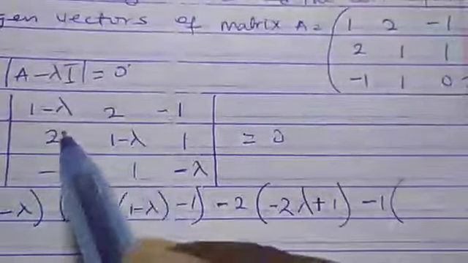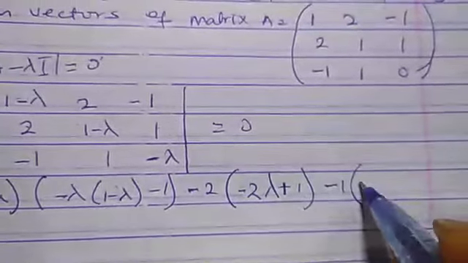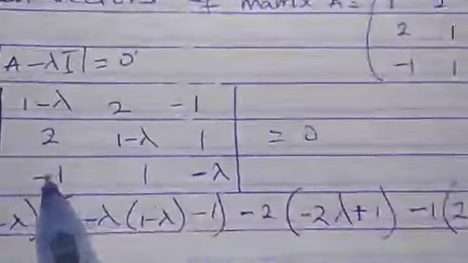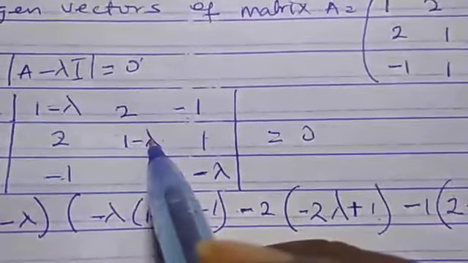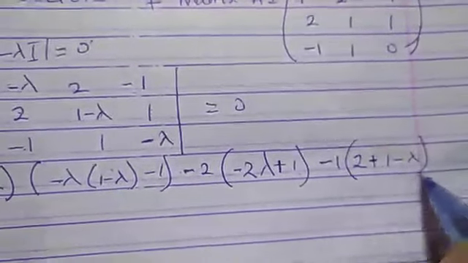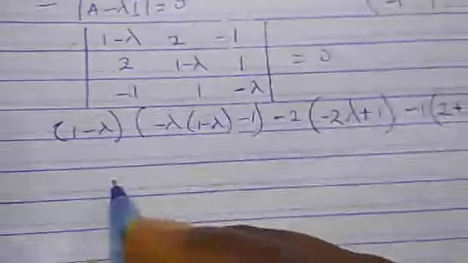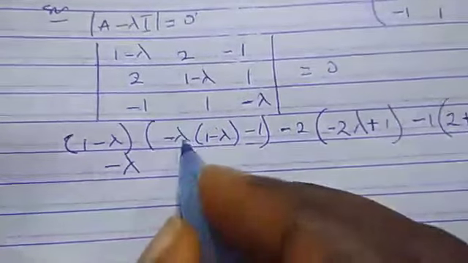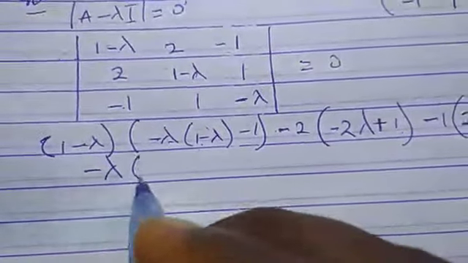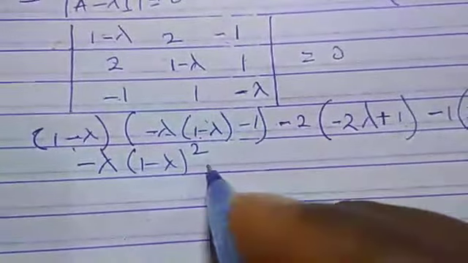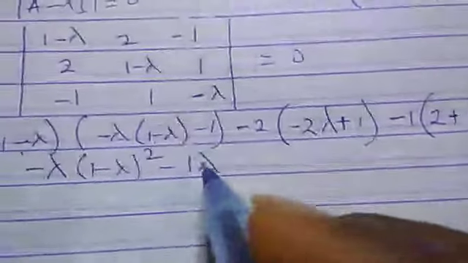This cancels this. What we have left is this times this, which is 2, minus 1 times lambda. 1 minus lambda is minus this, so it will make this place to be plus 1 minus lambda. In this case, you don't quickly jump to conclusions. We can expand like this. This is minus lambda here. This times this will be 1 minus lambda squared. 1 minus lambda times 1 here will be 1 minus lambda.